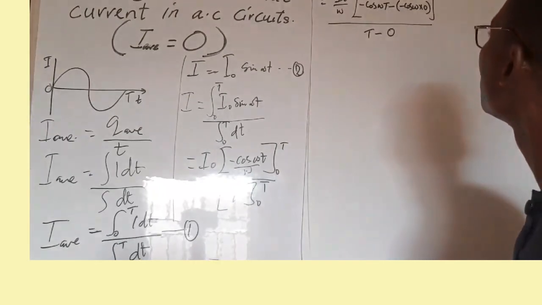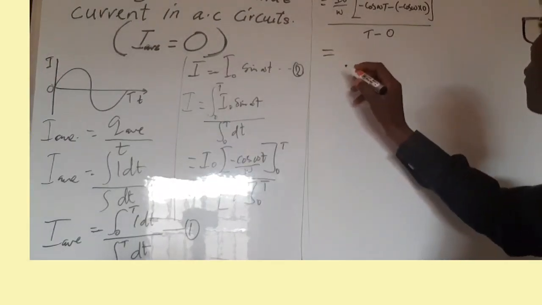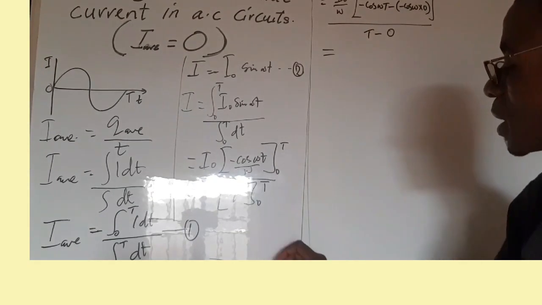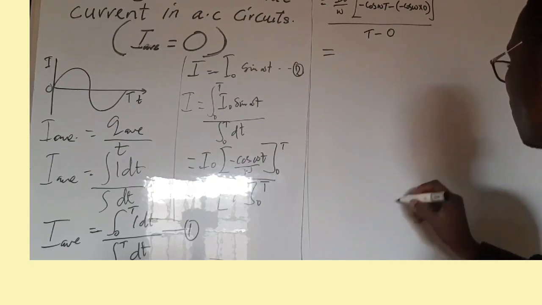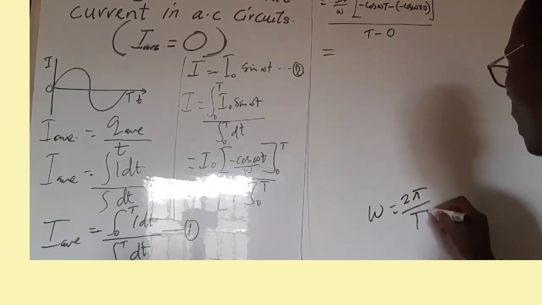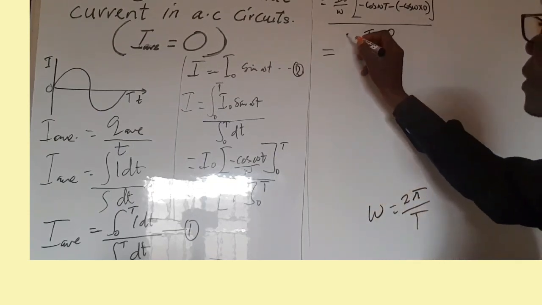Okay, so from that point we can now substitute the omega. The omega is given by 2 pi all over capital T. That is omega. So we'll start substituting it.